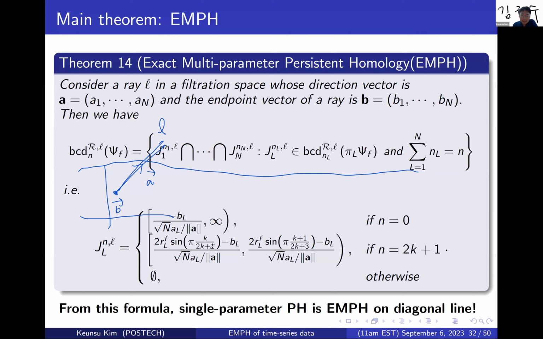From this formula, single parameter persistent homology is a special case of EMPH, selecting just the diagonal ray. Diagonal ray means A equals (1, 1), and P is 0. Then in this case, this term is 1, and the P_L is 0. Then we get the single parameter persistence formula.